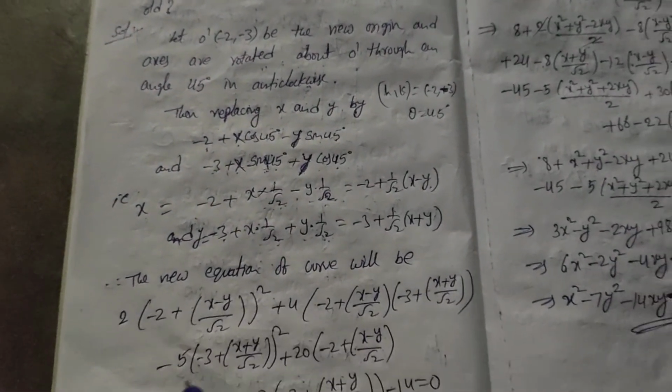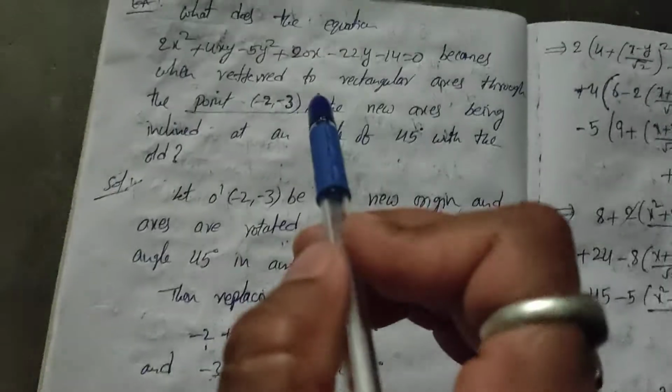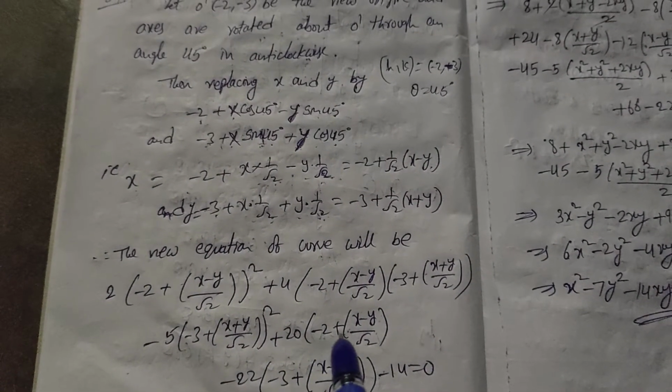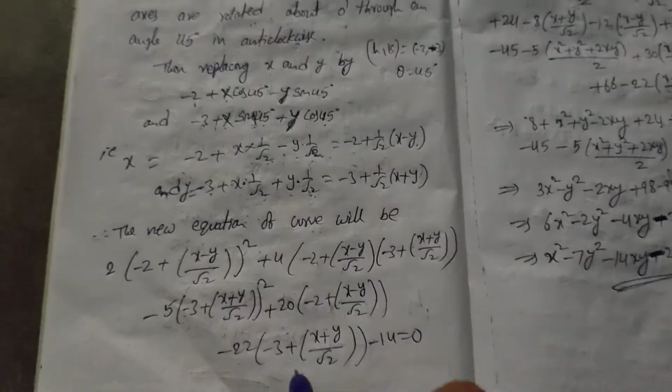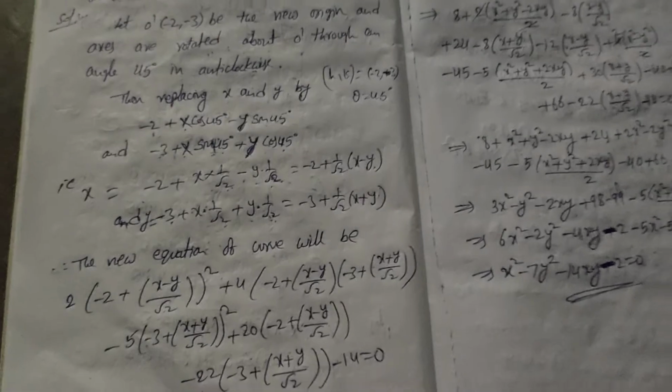And minus 5 into y square, that means (-3 plus (X plus Y) by root 2) whole square, plus 20x, that means 20 into (-2 plus (X minus Y) by root 2), minus 22y, that means minus 22 into (-3 plus (X plus Y) by root 2), minus 14 is equal to 0.